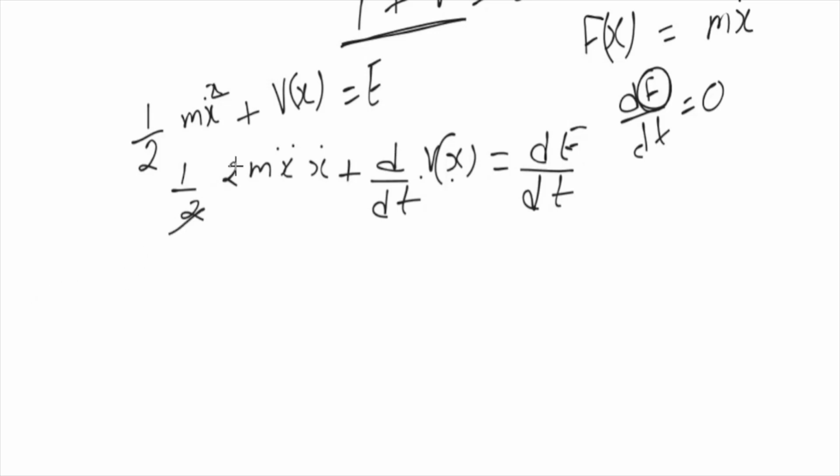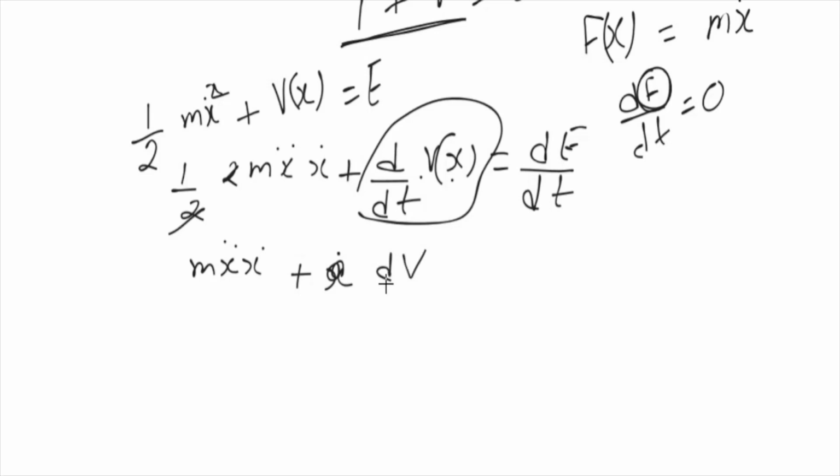Because V is a function of x, it can also be written as dV upon dx times dx upon dt.